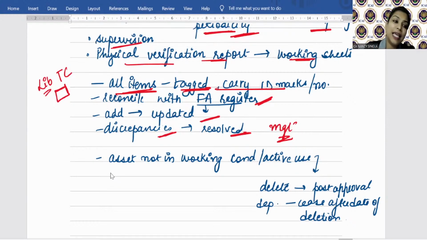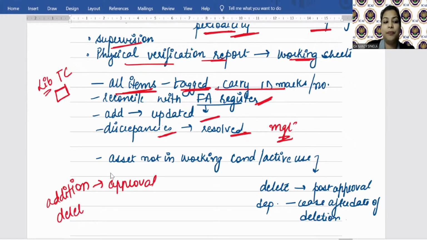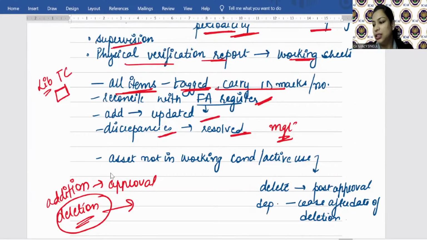But yes, as any addition to PPE takes place only after the approval of the authorized personnel, same way any deletion in the PPE will happen only after the approval of the authorized personnel. Further, see, once an item of PPE has been deleted, obviously the company is not going to charge depreciation on that from the date of such deletion. Okay? So auditor will verify all that thing. Okay? So देखो, approval तो चाहिए ना.